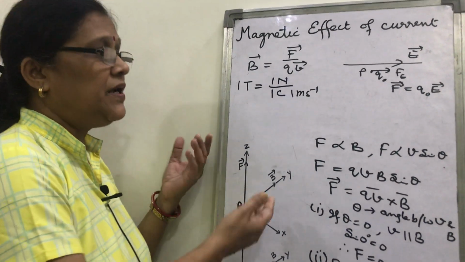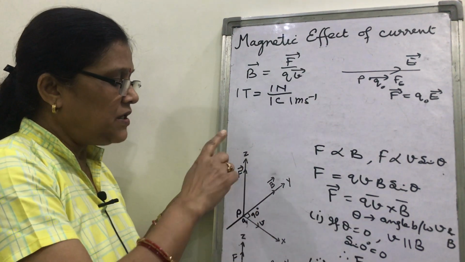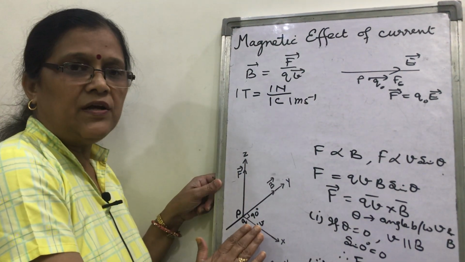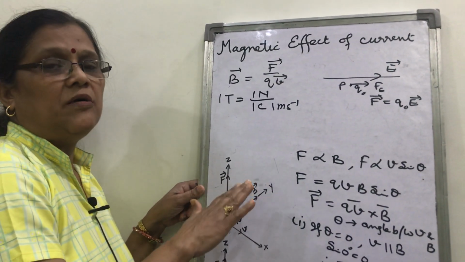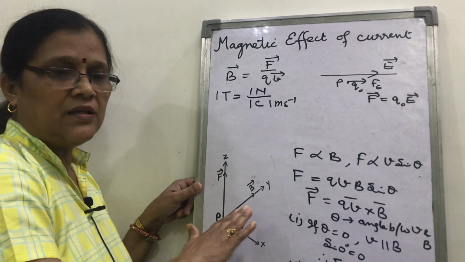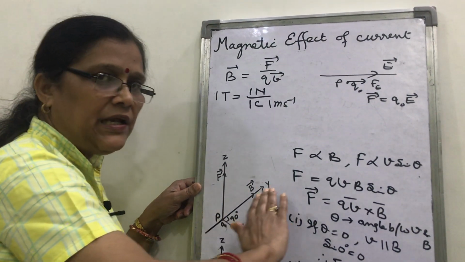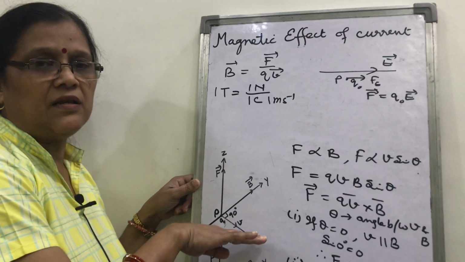And how will you define the Lorentz force? When a charged particle moves in a magnetic field, it experiences a force called the magnetic Lorentz force, provided the velocity and magnetic field are not parallel.